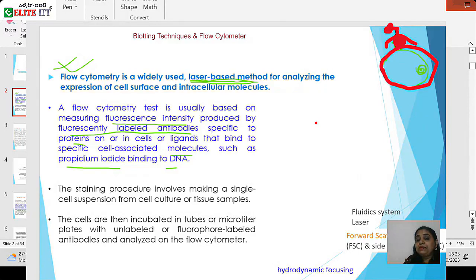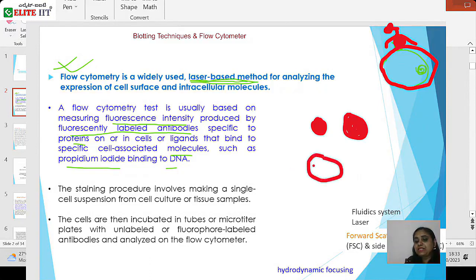That means there will be different data or a different plot for a smaller molecule as compared to a bigger molecule. So we are measuring the size of the molecule. You can determine the size of the molecule, as well as whether something is present inside the cell.